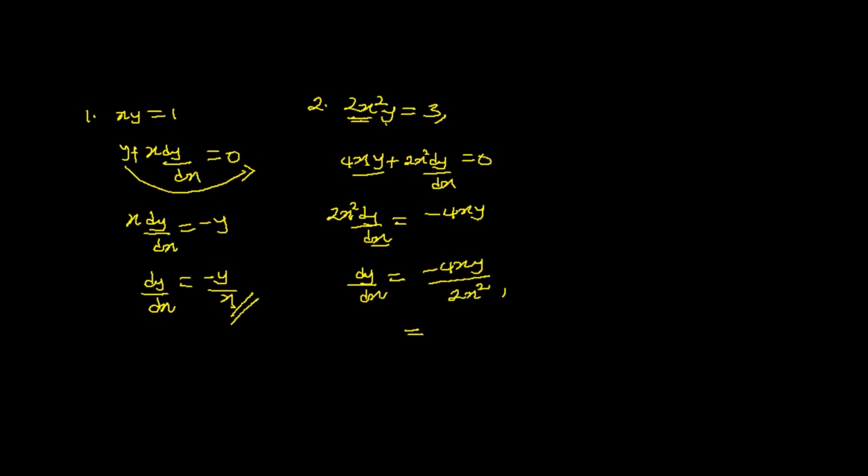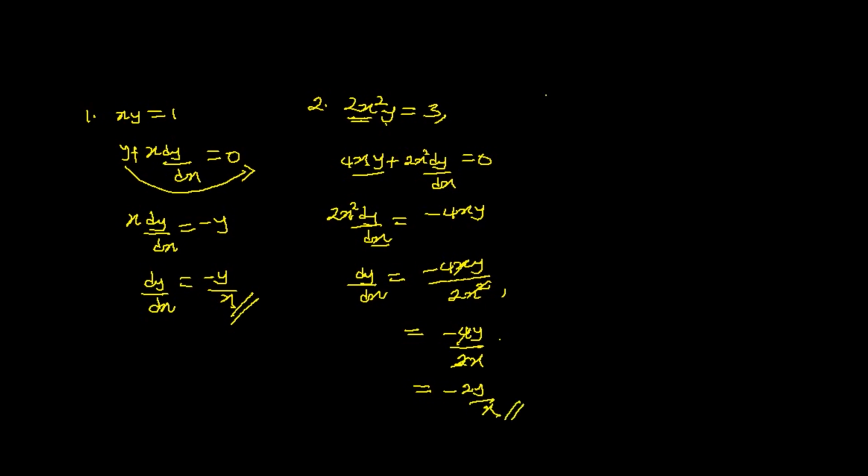Breaking this down, this square will go with 1x here, and you are going to have minus 4y divided by 2x, and this 4 will also go with 2 here. You have minus 2y over x. So this is your dy/dx.